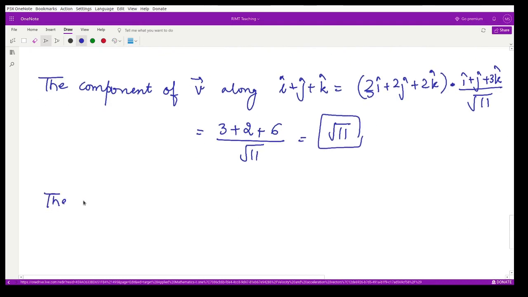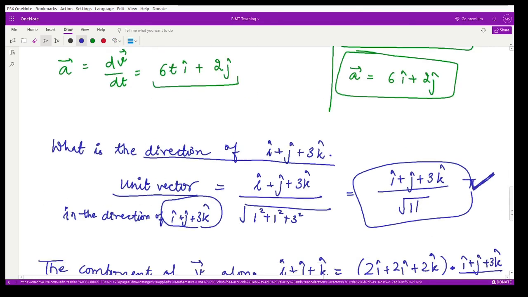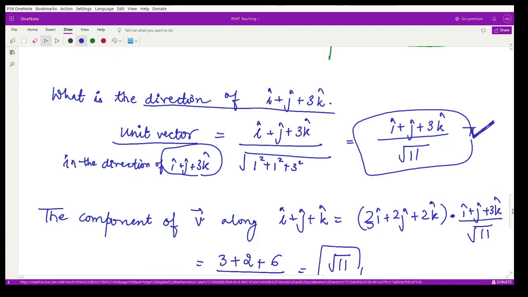Next we will compute the component of acceleration along the vector i cap plus j cap plus 3k cap. So this would be equal to the acceleration vector dotted with this particular direction, i cap plus j cap plus 3k cap divided by square root of 11. So let us see what is our acceleration vector.